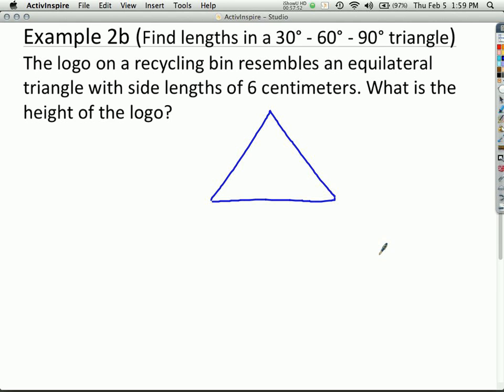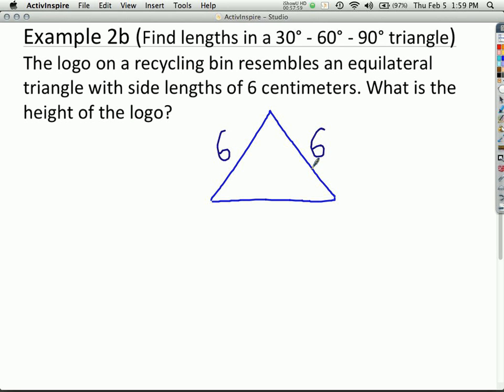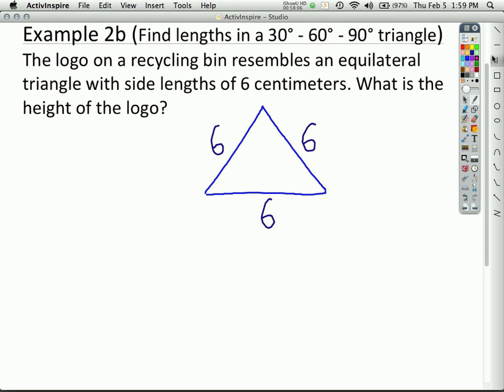So we have an equilateral triangle with side lengths of 6 centimeters. So we've got 6, 6, and 6. And we're asked, what is the height? So now we're asked for this.